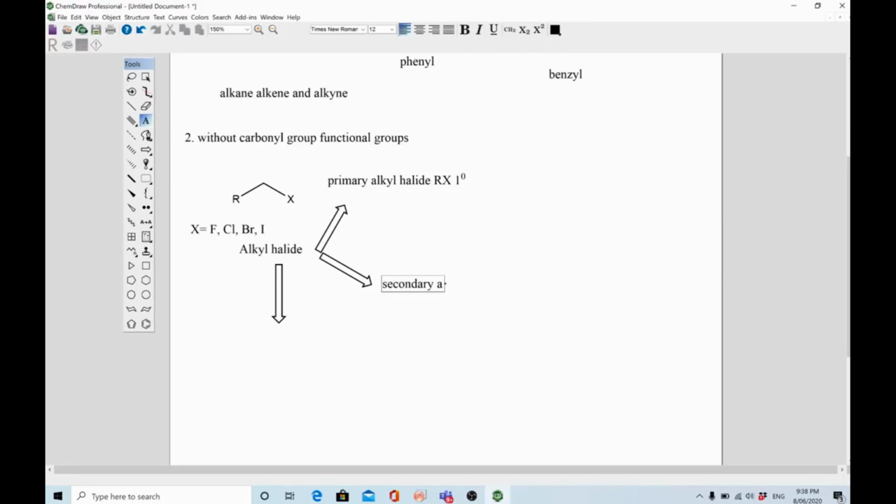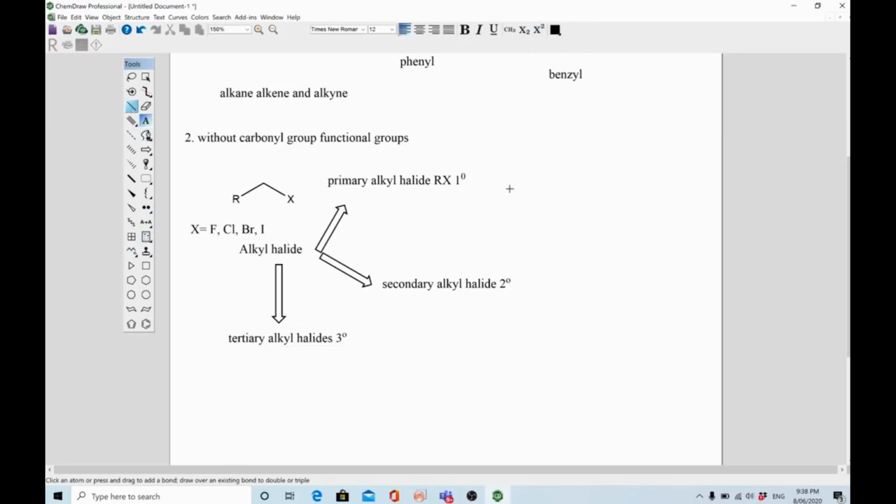Secondary alkyl halides, we write them as 2 degree. And tertiary alkyl halides, and that is 3 degree.